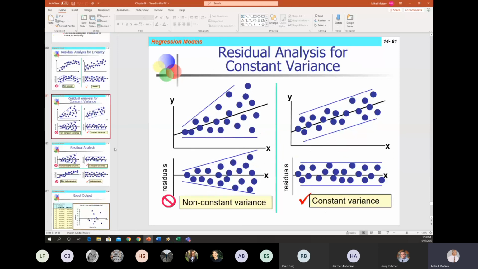Just a joke from the past, because the term here is homoscedasticity. And I offer in class an extra bonus point if students can memorize this term. It's a Latin word meaning equal variance.